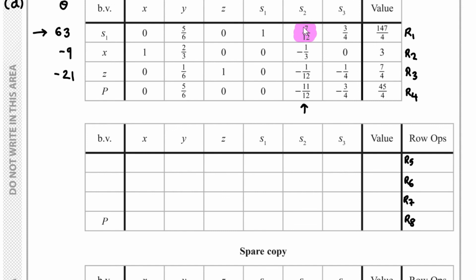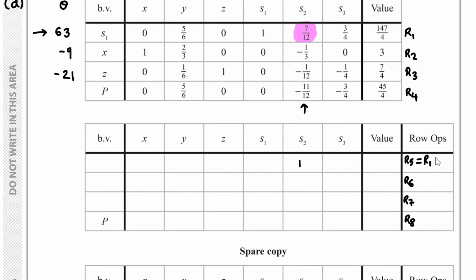Now, ideally, we want a 1 over here. So how do we go from 7 over 12 to 1? Well, here we would have to divide row 1 by 7 over 12.